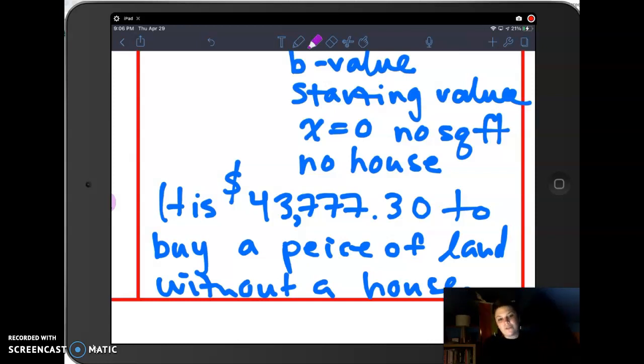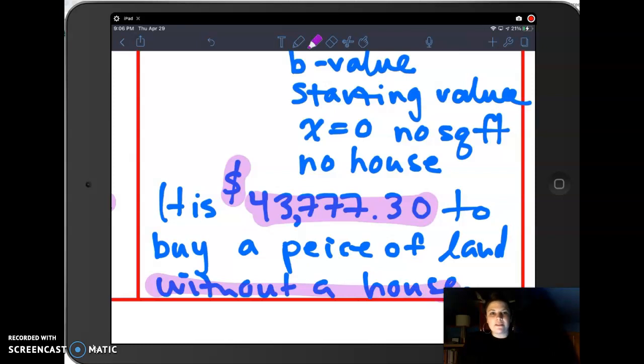What I'm looking for as a teacher when I'm grading something like this is that you understand that it's money, that it represents dollars. And then I'm looking for something where you understand that it's 0 square feet. I'm familiar with the idea, so I'm able to make the connection that it would be without a house.